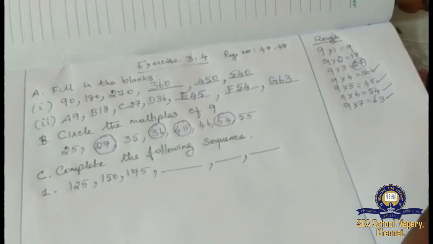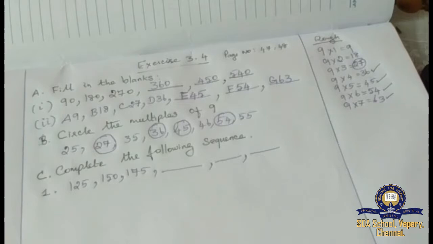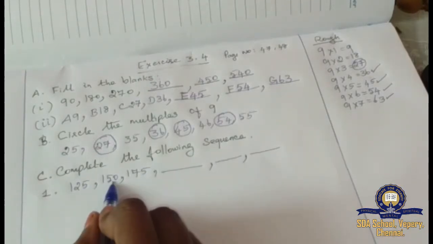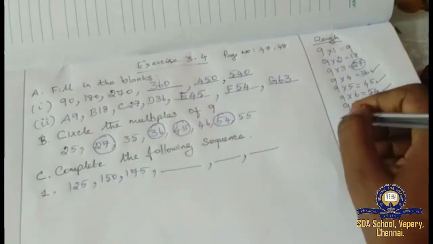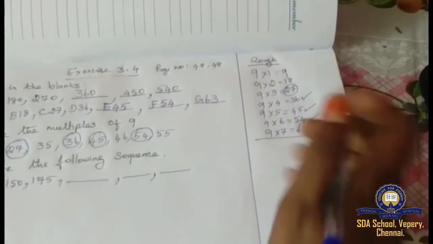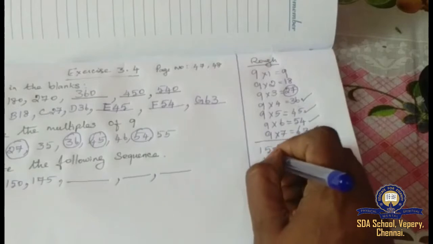So here, how to find this? First number is 125. Second number is 150. What is the difference between these two numbers? In the rough work, you have to subtract the two numbers. 150 minus 125.